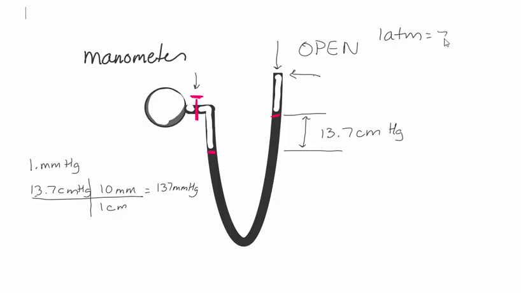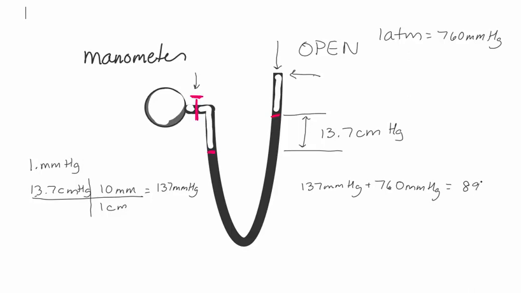Then we have to add it together. So if you have an open manometer and you have a distance here, you need to take into consideration the atmospheric pressure. So I would take my 137 millimeters of mercury and add it to the atmospheric pressure, which is also pushing down, to get a pressure of the gas of 897 millimeters of mercury.